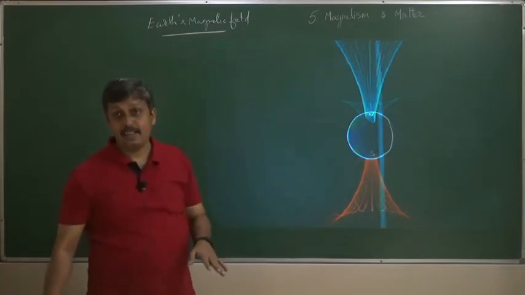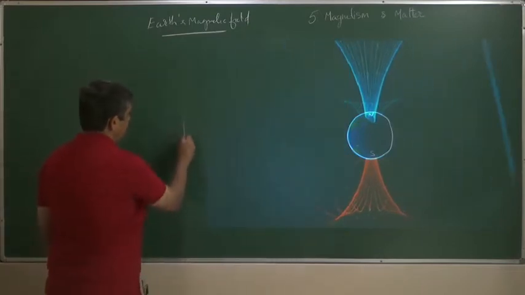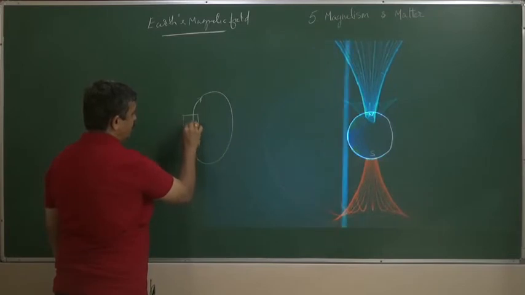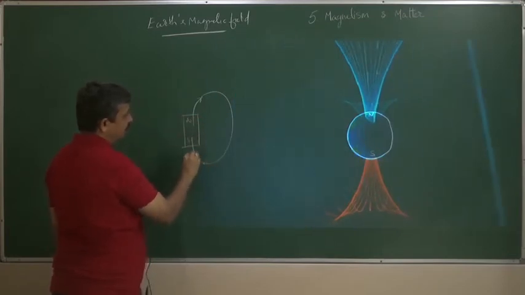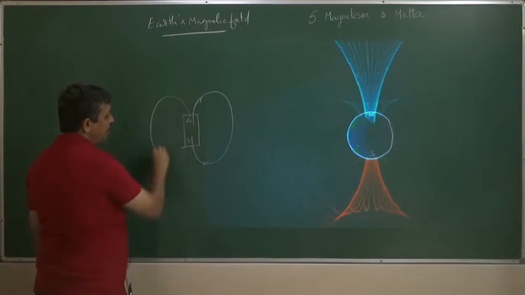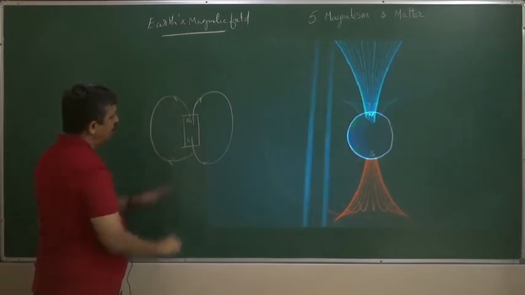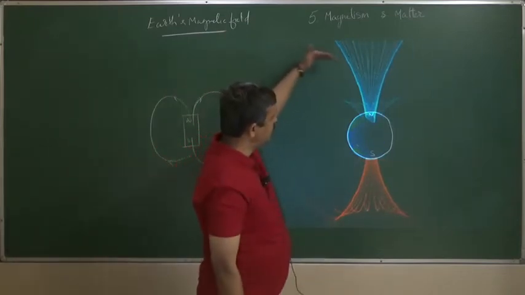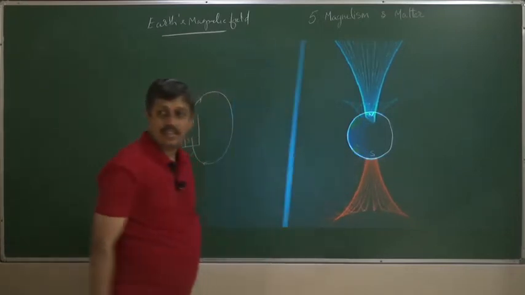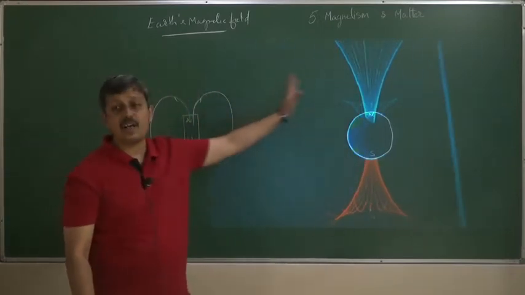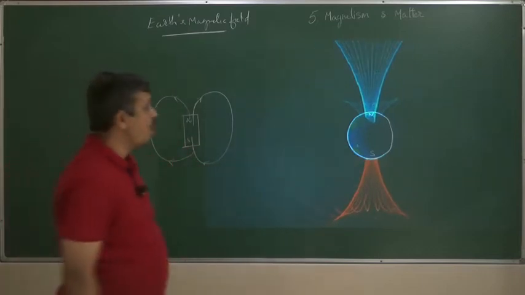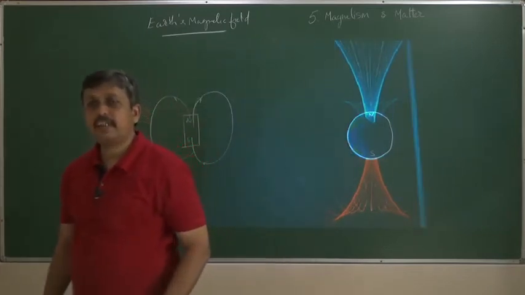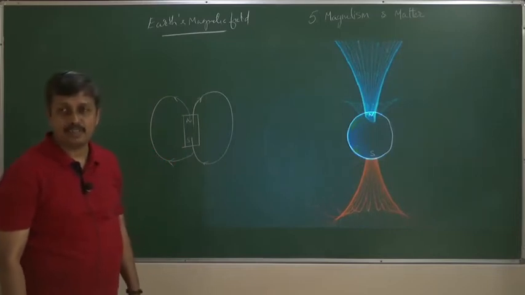Unlike a normal magnet, okay, if I take a normal magnet, the magnetic field lines exit through N and enter through S. In all bar magnets, or any magnet you take, the lines exit out of N and get inside through S. Only in Earth's magnetic field does it enter through this and get away from this, and it is covered overall everywhere around Earth. The Earth's magnetic field is very strong near the poles, and slightly weak everywhere else. Okay, so that is the picture of the Earth's magnetic field that you can see.